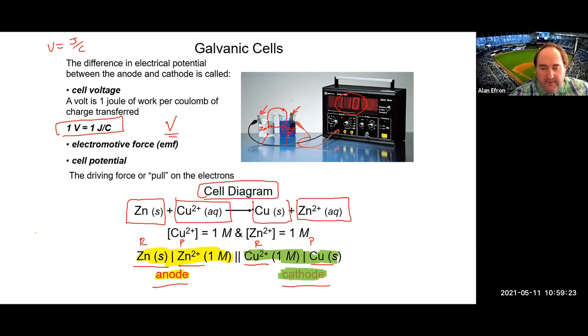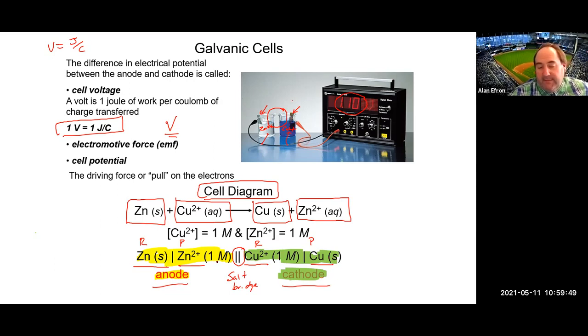That is how they're arranged. We put a line between the reactant and product side of our anode reaction. These two lines represent the salt bridge. Over in our cathode compartment, we have our reactant, and a line to separate it from our product.